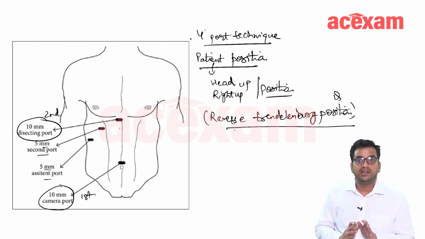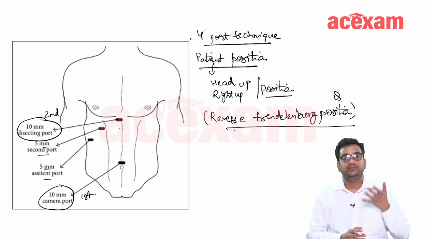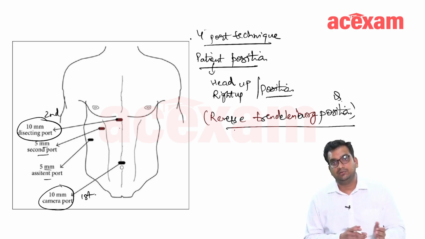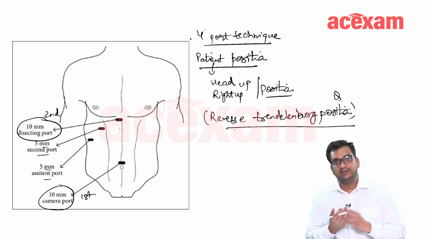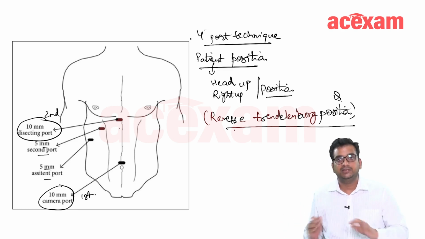The head should be up and the right side should be up, so that the small bowel and the other structures fall away from the gallbladder. It will become easy to dissect.